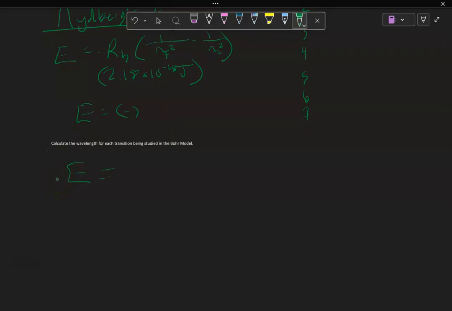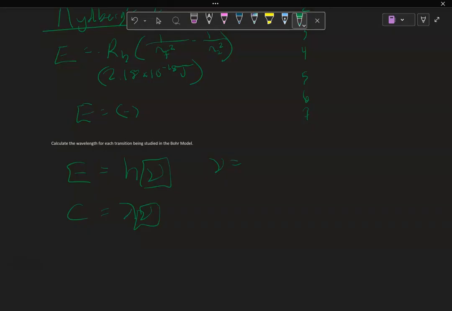So energy. There are two more equations that we're going to look at here. Energy is equal to h times nu, and the speed of light, which is big C here, is equal to lambda times nu. Notice that the frequency shows up in both of these equations.